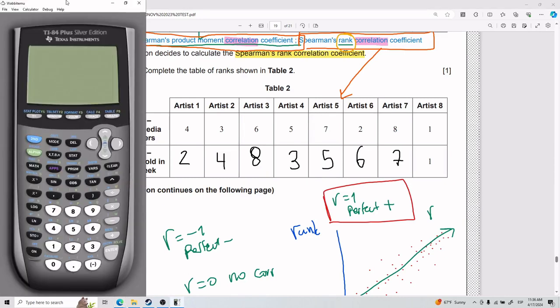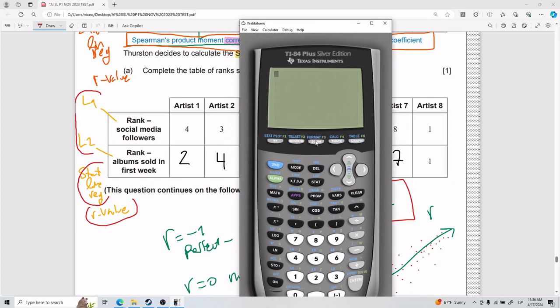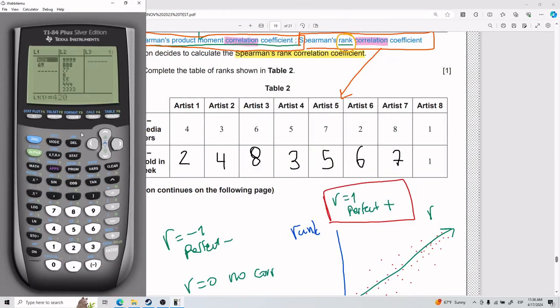So you're going to go to the list. To find list, you go to stat, this stat button, and then you go edit, okay? And from here you have list 1, list 2. You're going to erase whatever is there from before. A quick way to erase is to go to L1, press clear, enter. Over here the same thing, you go up, press clear, then enter.